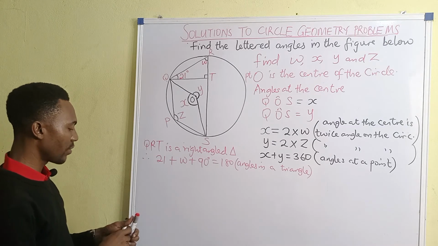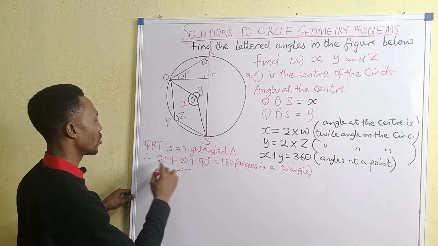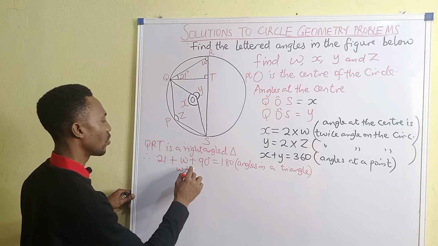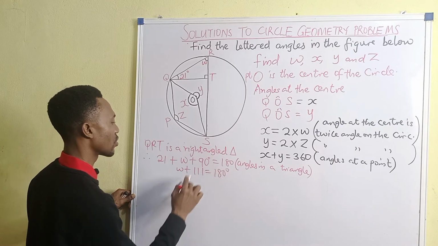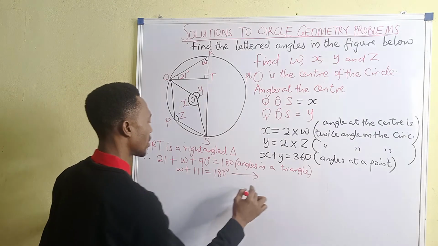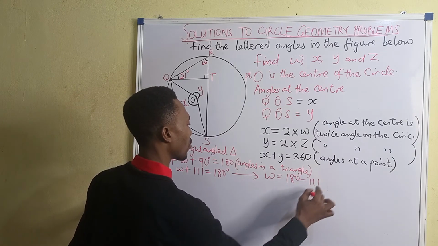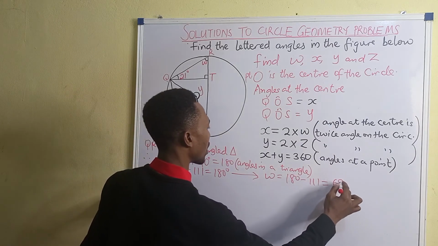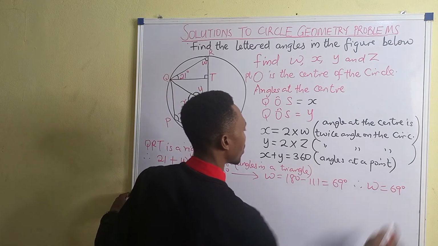So straight away we can have here that W plus 21 plus 90 is going to give me 111 equal to 180 degrees. So straight away I have here that W is 180 minus 111, which will give me 69 degrees. Therefore, W is 69 degrees.